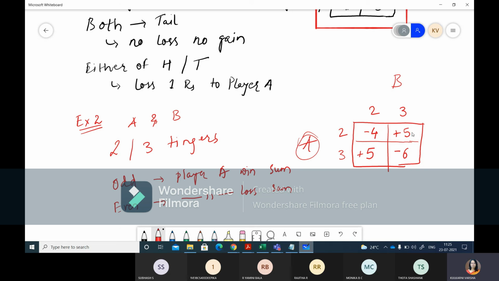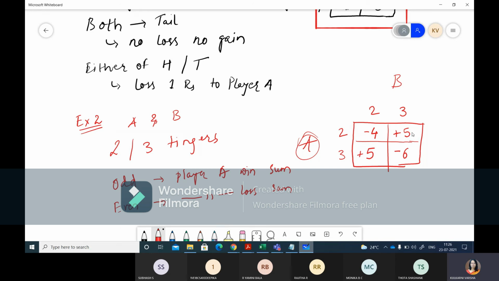So generally we will not get questions to formulate the payoff matrix. Till now, in all the question papers, we never got any question saying to draw the payoff matrix for a particular problem. So we will not get it, but this is just to understand the game theory.